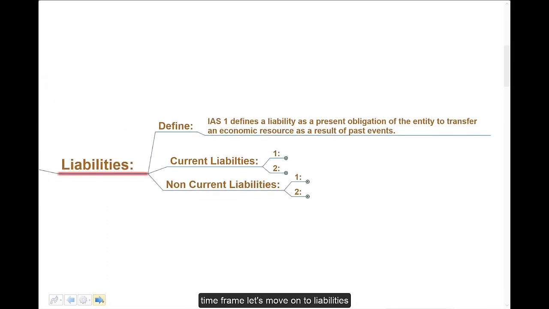Let's move on to liabilities now. I guess in one sense, the reverse of an asset. We're talking about some sort of obligation rather than something that you own or a resource that you use, that requires some sort of transfer of economic value or a resource as a result of past events. You've incurred a liability. You've purchased an item on credit, let's say. You haven't paid for it.